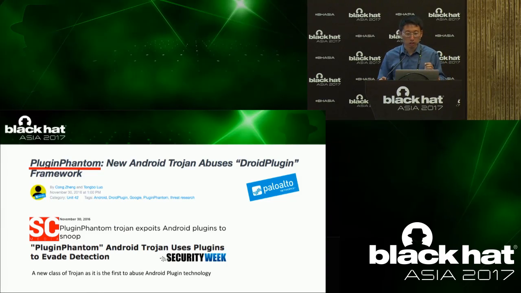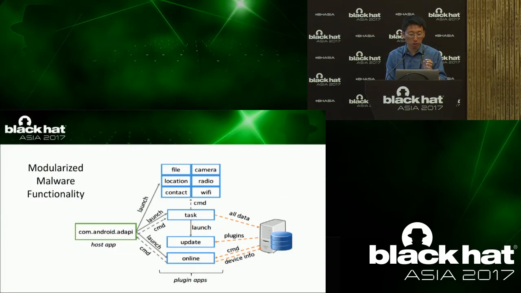The uniqueness of this malware is that it modularized each malicious functionality as a plugin, as an individual APK file, and leverages the join plugin library to load it at runtime.